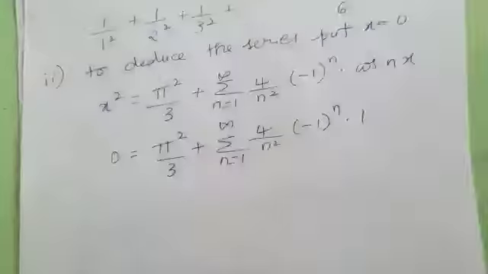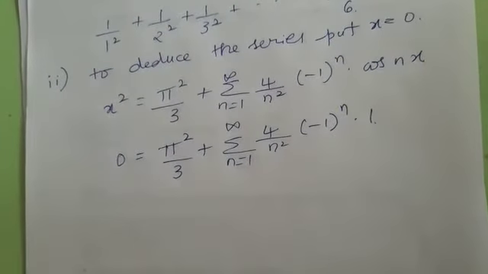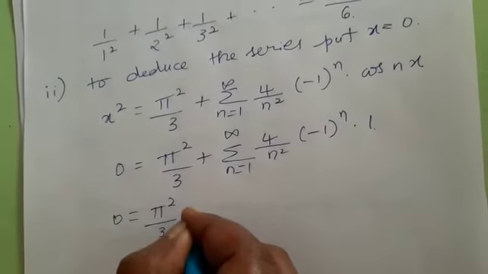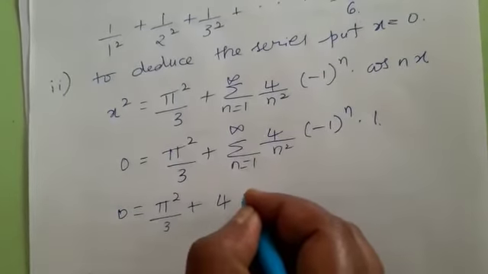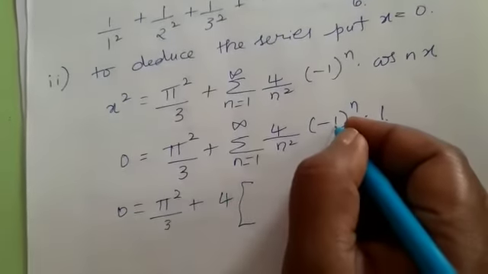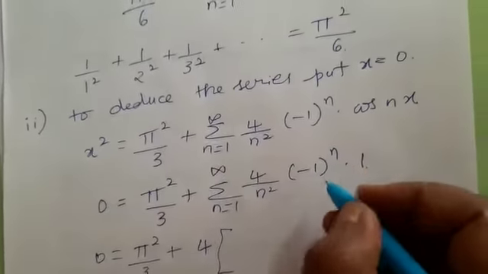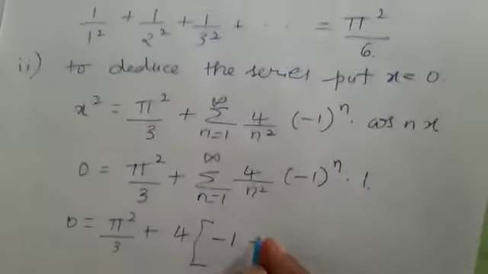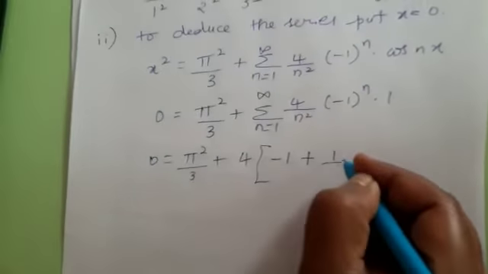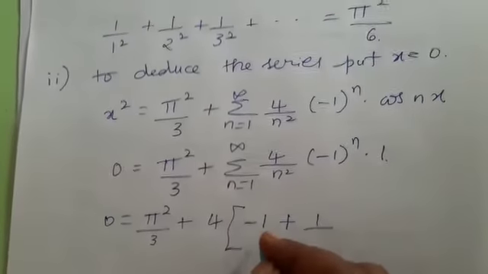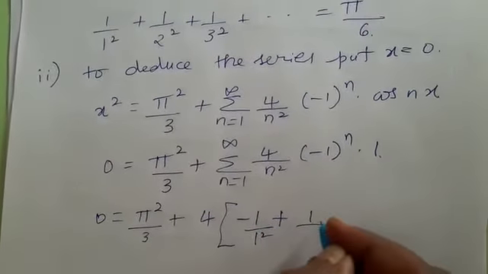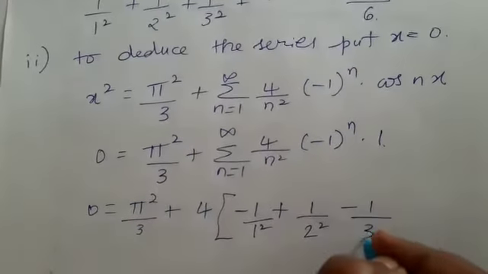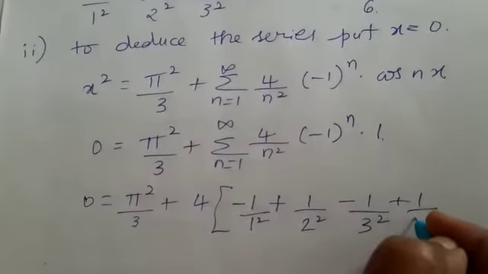So now if we try to expand this function, what am I going to get? 0 is equal to π²/3 plus, 4 is a constant, let me take it out. And this term is negative for odd and positive for even. So it becomes minus 1/1² plus 1/2² minus 1/3² plus 1/4².